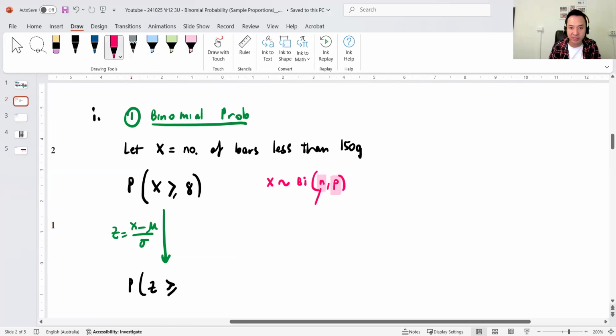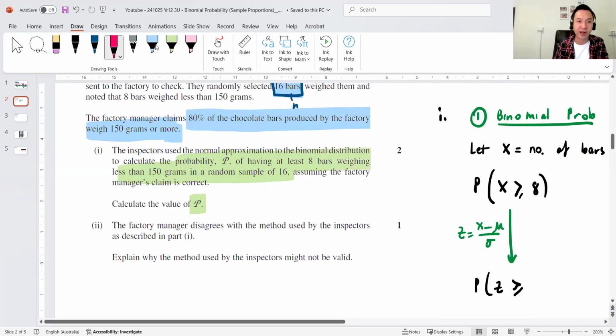I know that n is 16, because there's 16 bars that we're looking at. Now, what's p? Let's go back over here to this blue point. The factory manager claims that 80% of the bars are more than 150.